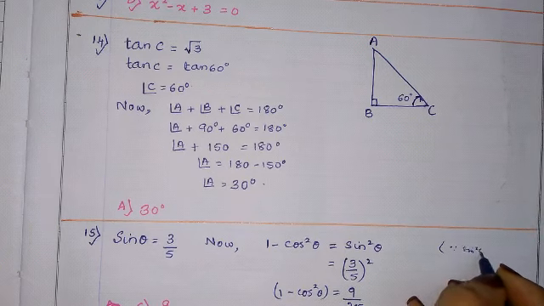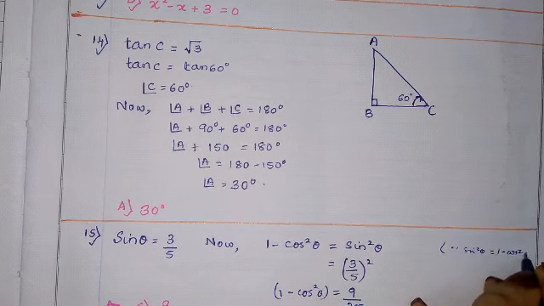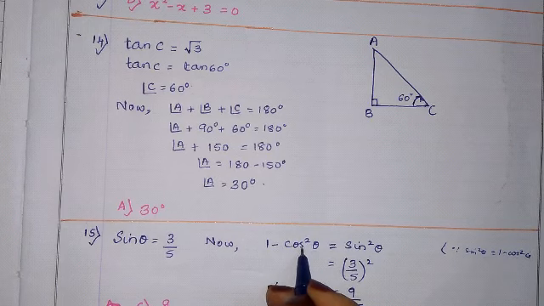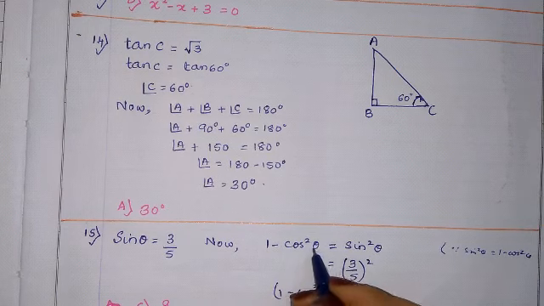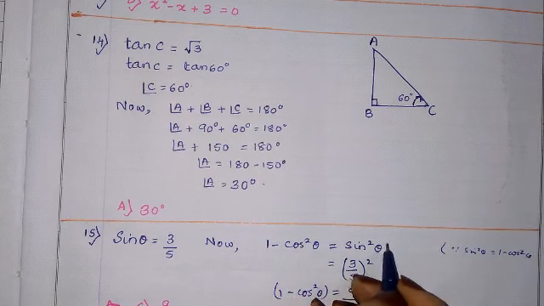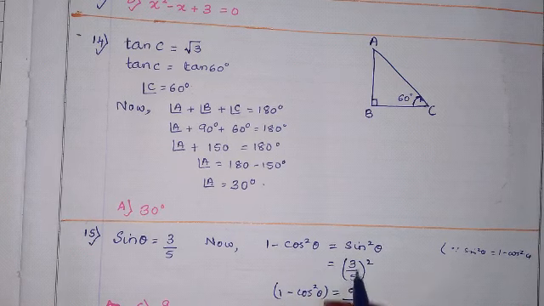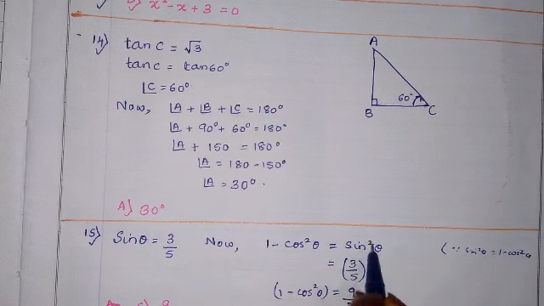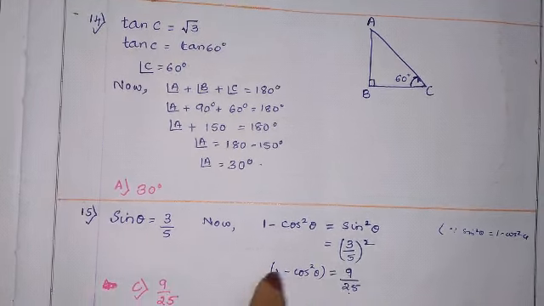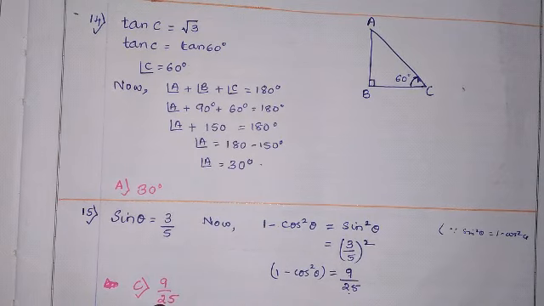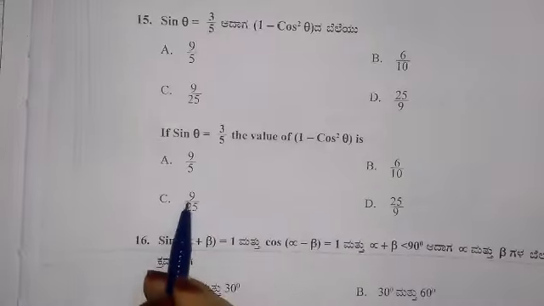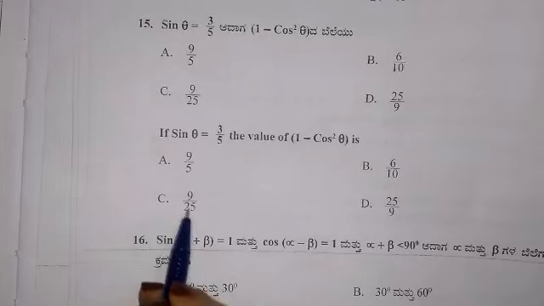Sin square theta is 1 minus cos square theta. So 1 minus cos square theta is sin square theta, which is 3 by 5 whole square. 3 square is 9, 5 square is 25. So the value of 1 minus cos square theta is 9 by 25. That is C, 9 by 25 is the correct option.